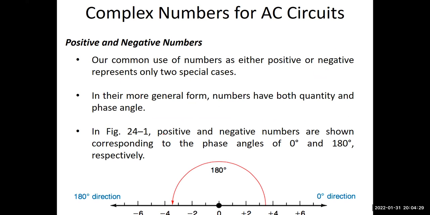Our common use of numbers as either positive or negative represents only two special cases. In their more general form, numbers have both quantity and phase angle. So we have the directions here. We have the 0-degree direction, and we have the 180-degree direction.